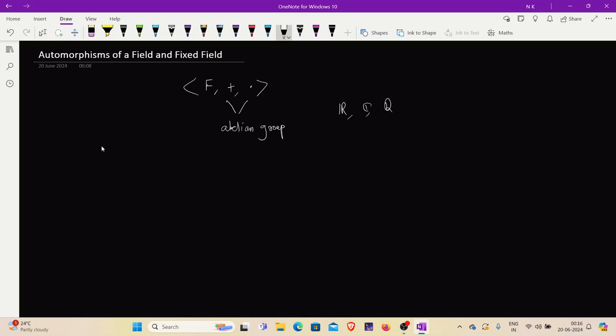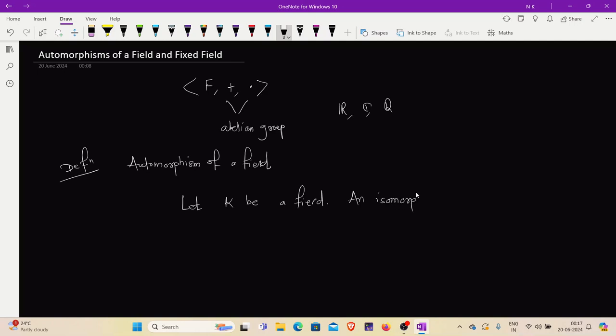Now let me come to the definition of automorphisms of a field. So let K be a field given to us. An isomorphism is nothing but a well-defined map which is 1-1, onto as well as a homomorphism.